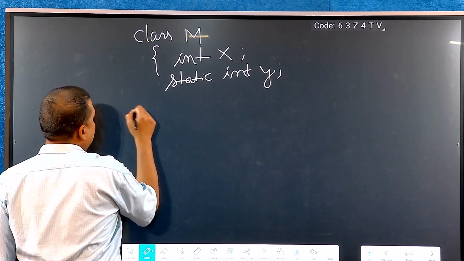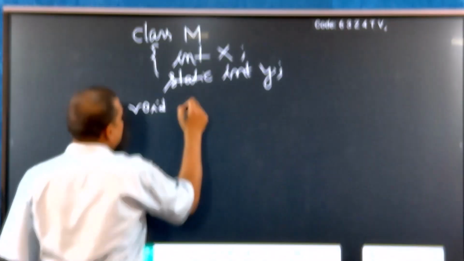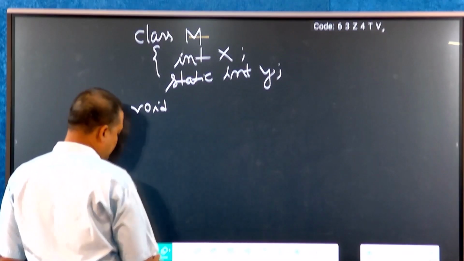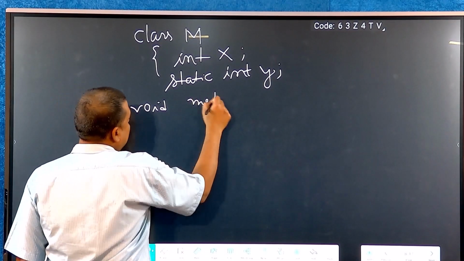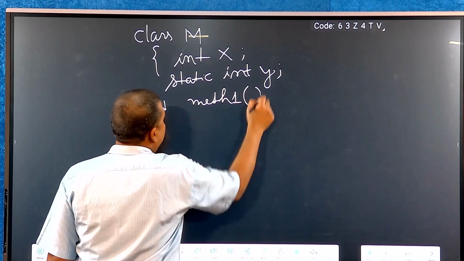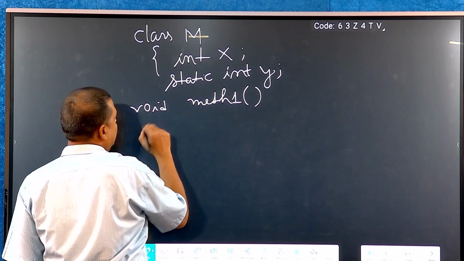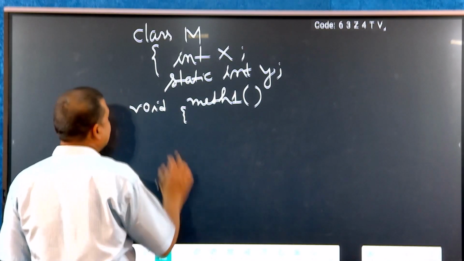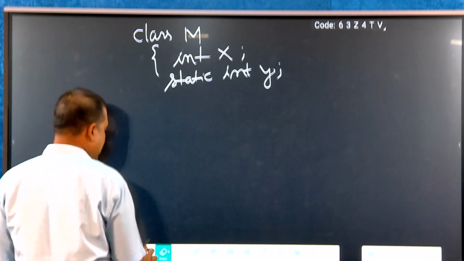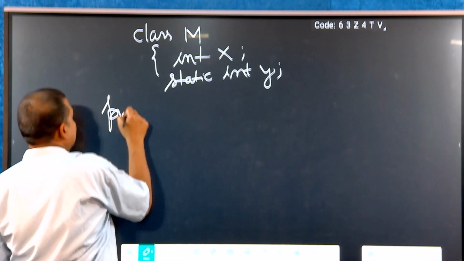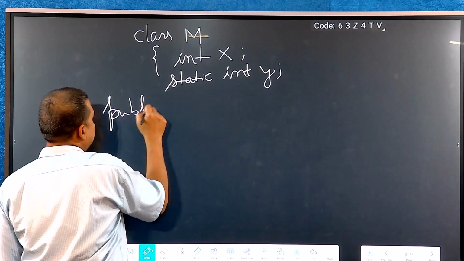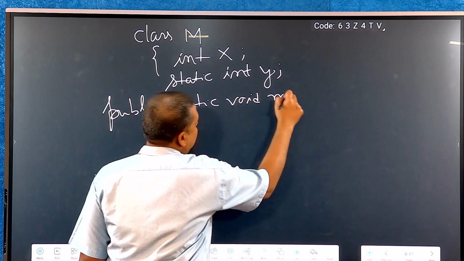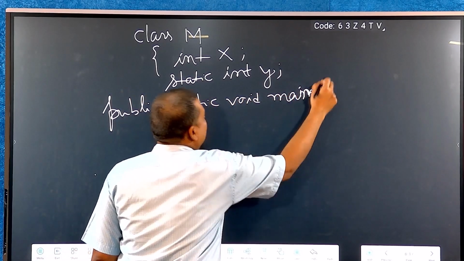Now we have two different methods, like void meth1. It is better to write method, because in object oriented programming this is the terminology. For understanding, we can directly write, for example, public static void main, whatever the terminologies are.